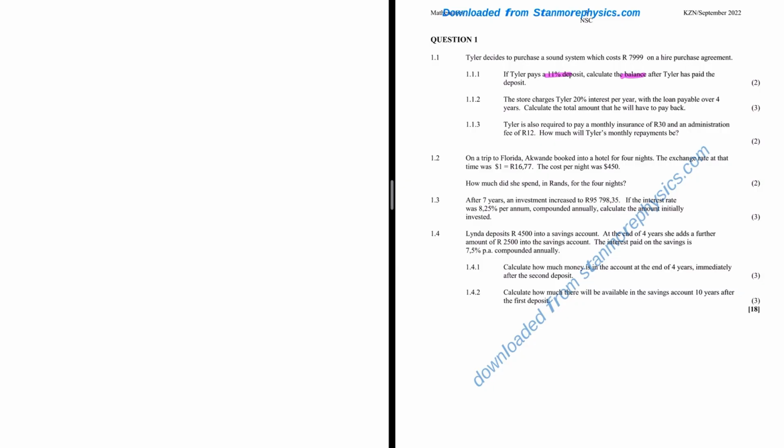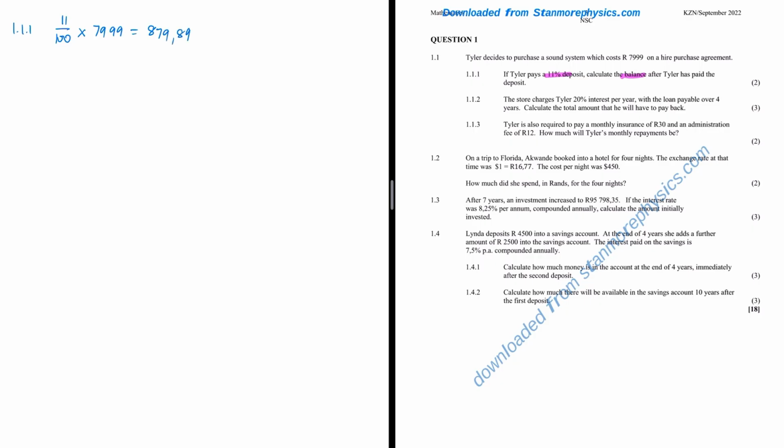So question 1.1.1, the first thing I'm going to do is work out what is 11% of the original amount. So 11% is 11 over 100 times the original amount, so 7,999, and that is equal to 879 Rand and 89 cents.